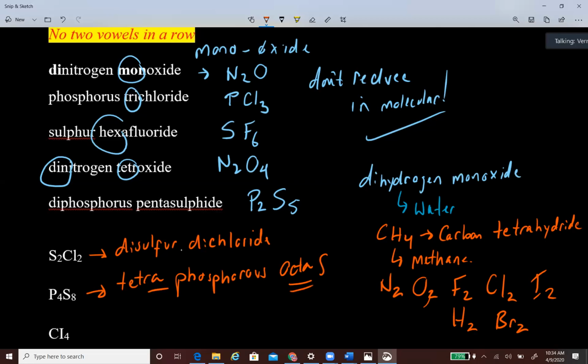Octa is 8. And then this one is carbon. You don't need to say mono for the first one. Although I have seen it sometimes, you don't need to say it. So for the first one it's carbon, and then tetra, but you drop the a because it's tetraiodide.